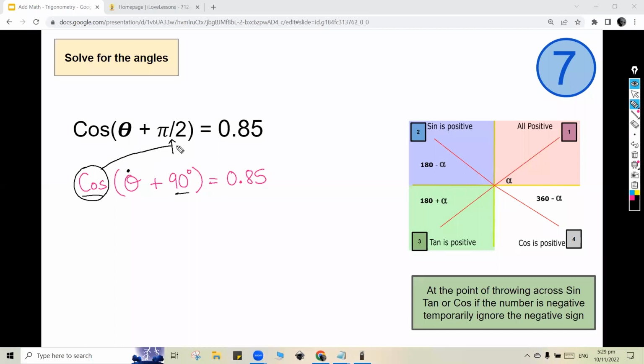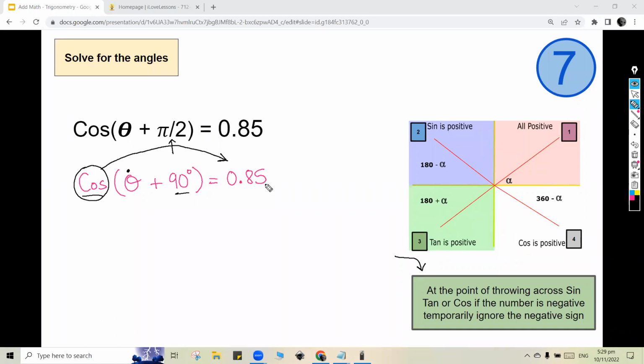All right, so we have to throw across cosine. But look at that, we are at the point in the question already where we are throwing across sine, tan, or cosine, in this case cosine. Does this rule apply? No, because when we're throwing across the cosine and he's landing on this side, he will look down and see he's landing on a positive value.